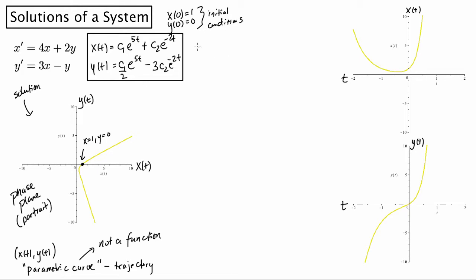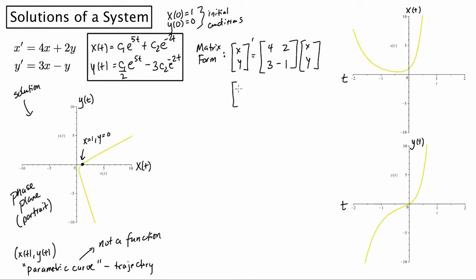And if we write it in matrix form, the initial conditions are actually a vector. It's the initial vector. So the matrix form of this system would be x y prime equals, coefficient matrix here is 4, 2, 3, negative 1. And then the initial vector is x of 0 and y of 0 are equal to 1, 0.